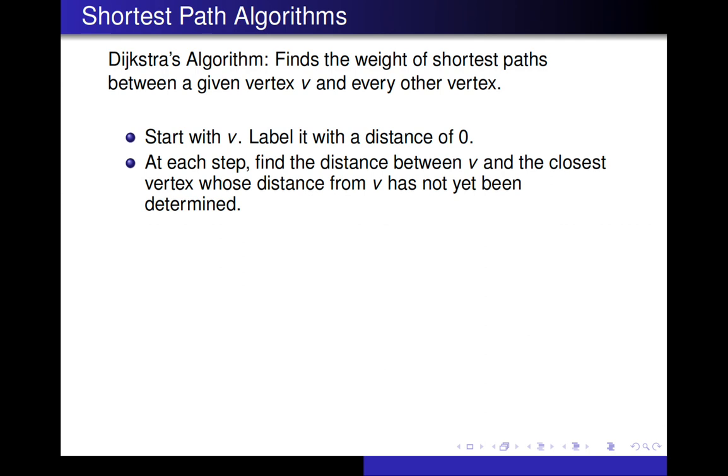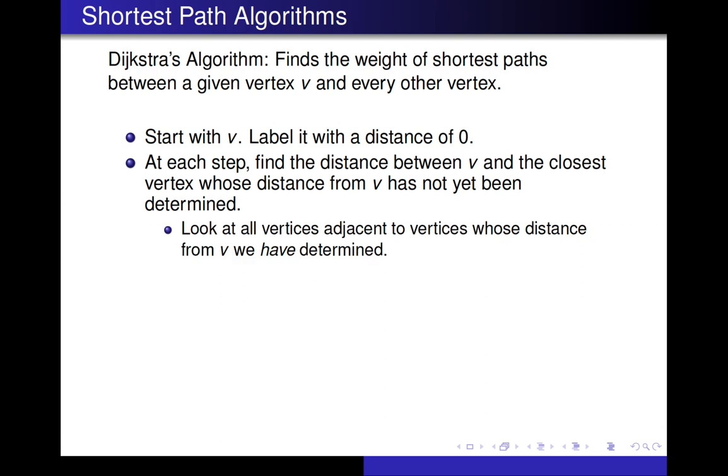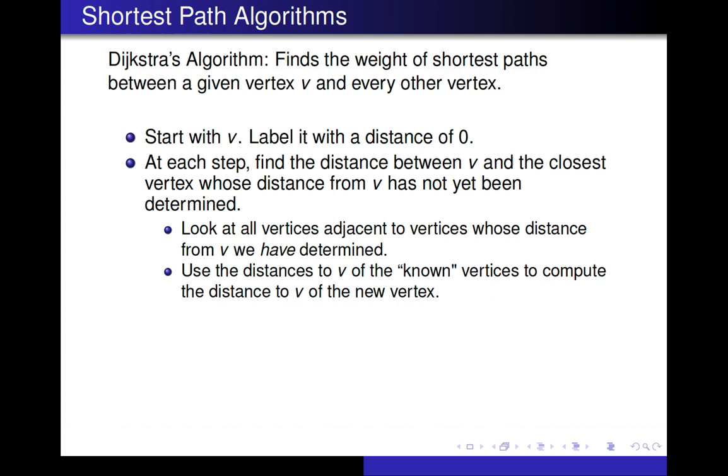Right, so what happens is that at any given point in the algorithm you have maybe some vertices that you know how far they are from V. And then what you want to do is add one vertex to that list. So what you're going to do is look at all the vertices that are adjacent, not to V, right, but adjacent to vertices whose distance from V you have determined. Right, so we know how far from V these other vertices are, and then what you do is you extend to another vertex that you don't know that is adjacent to one of those vertices.